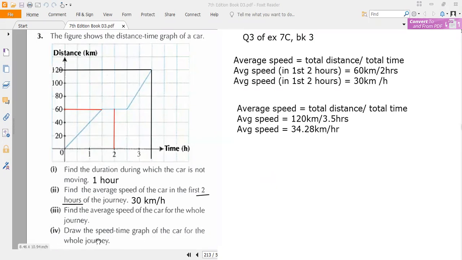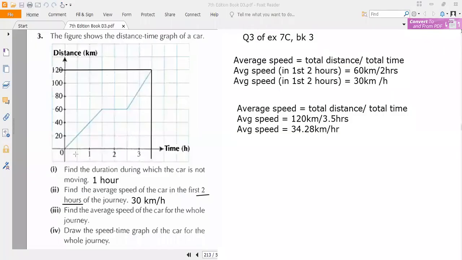In order to draw the speed time graph, I should know what the speed is over here, and what the speed was over here. Then I can do the plotting and see how to plot my graph.